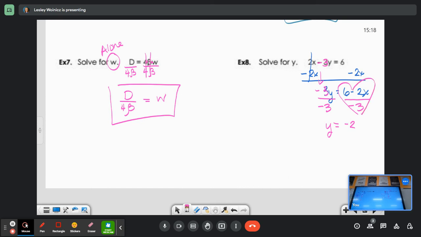Is that positive? If I have a negative divided by a negative, I get a positive. And then the question would be, does 2/3 reduce? No, it doesn't have any common factors other than 1. So I just write it as 2/3 in front of my x. And that's done.